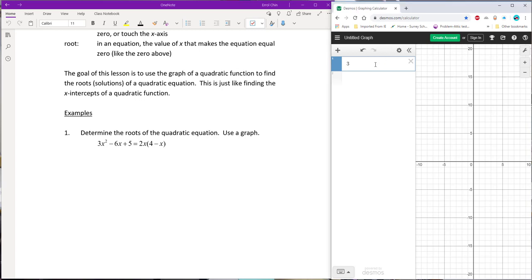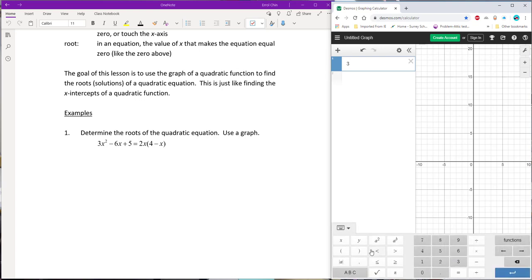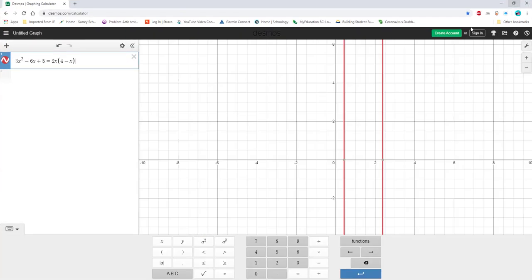So this will be 3x squared minus 6x plus 5 equals 2x, and then bracket 4 subtract x. Now I'm going to blow this graph up a little bit so you can see a little more of it.